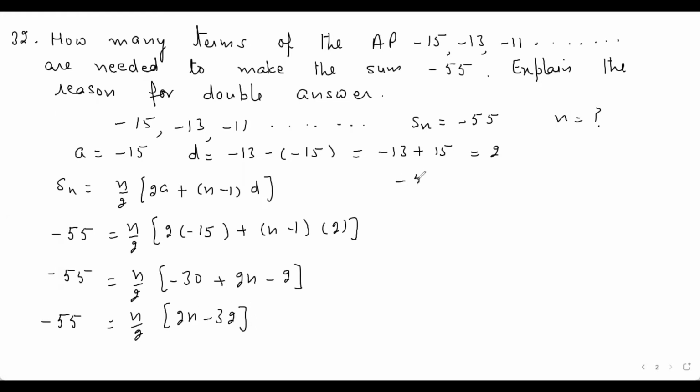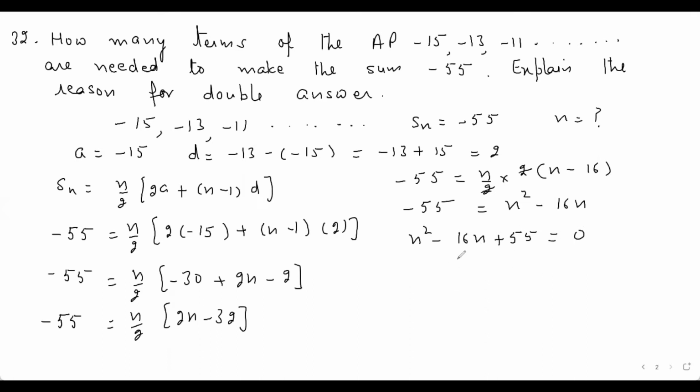Now minus 55 is equal to n by 2, take 2 common, you will have (n minus 16) in the bracket. 2 and 2 cancelled. Minus 55 is equal to n square minus 16n. Now this is n square minus 16n plus 55 equal to 0. Now this is quadratic in n. Factorize it. For that, we are going to split the middle term.